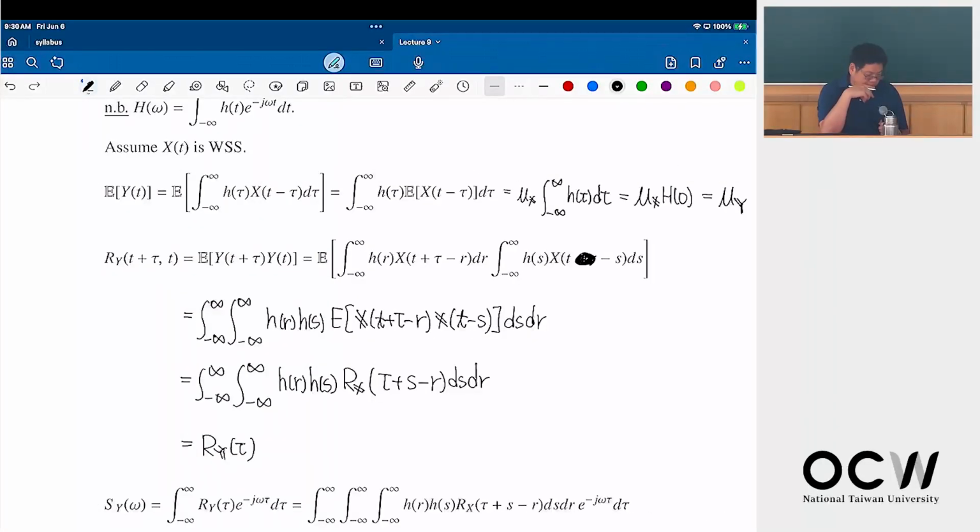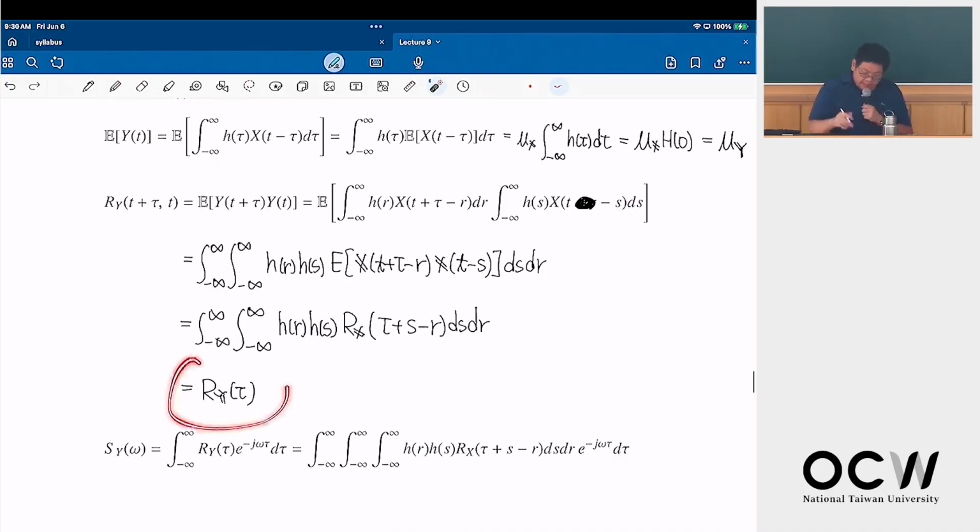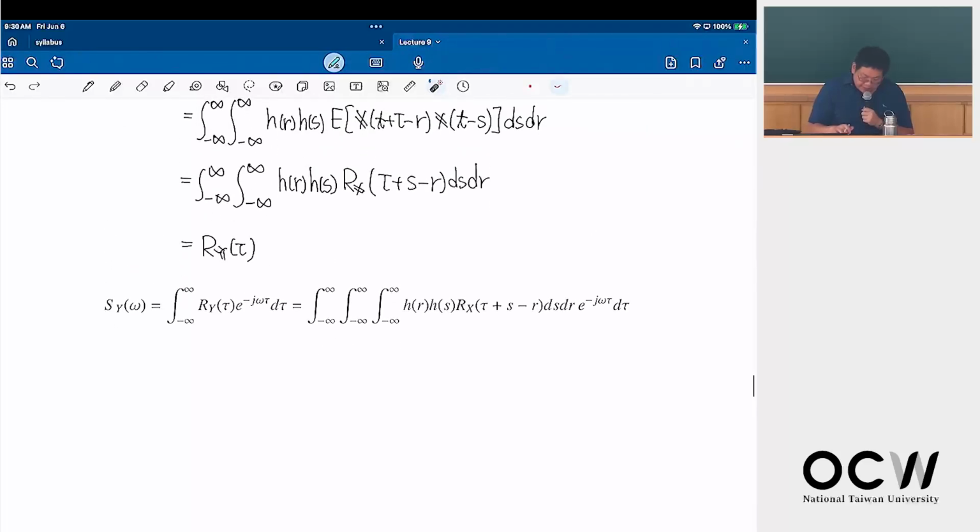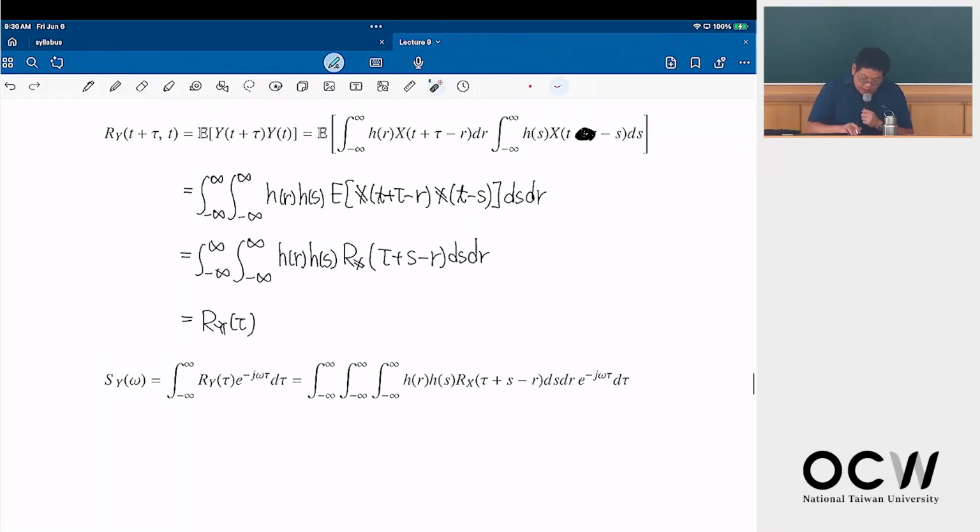Then we have the autocorrelation. Take the Fourier transform, we get the power spectrum. So here's the power spectrum. And then how do I simplify that? So Ry is here, and times exponential.